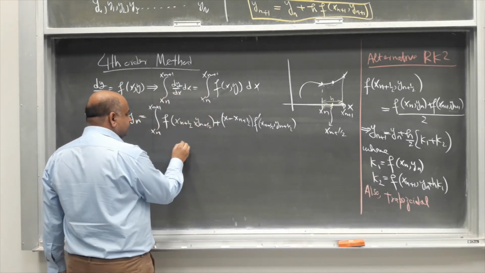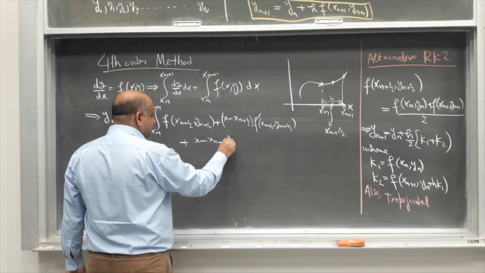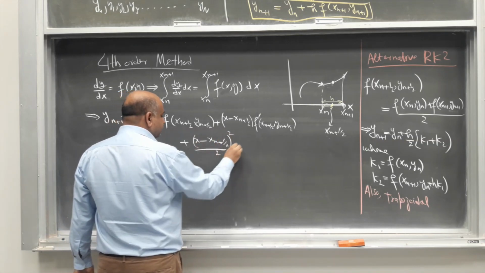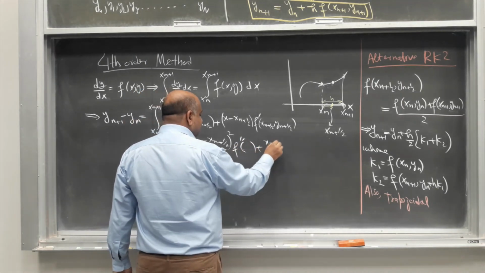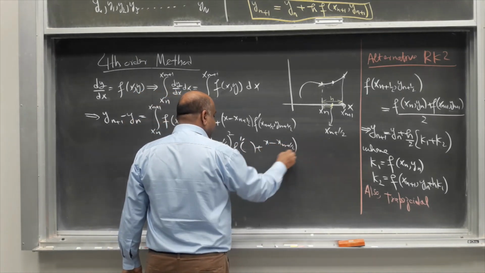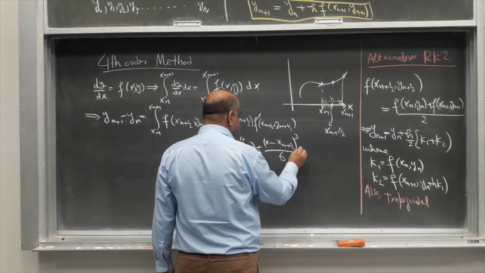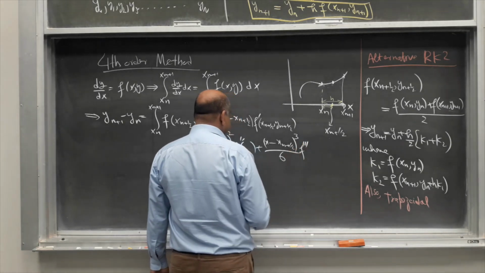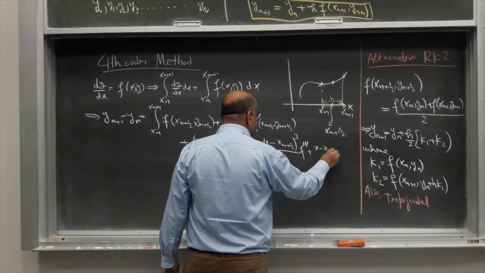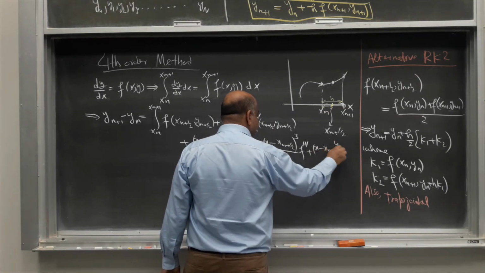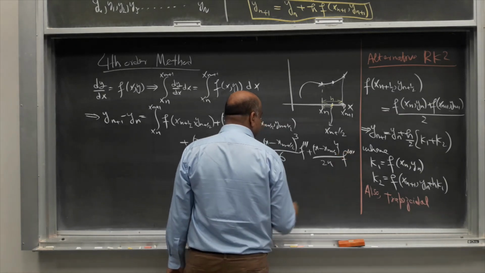The next term is x minus xn plus half squared over 2, double derivative, evaluated at the same point, plus x minus xn plus half cubed over 6, f triple derivative, then x minus xn plus half power 4 over 24, and fourth derivative, and so on.